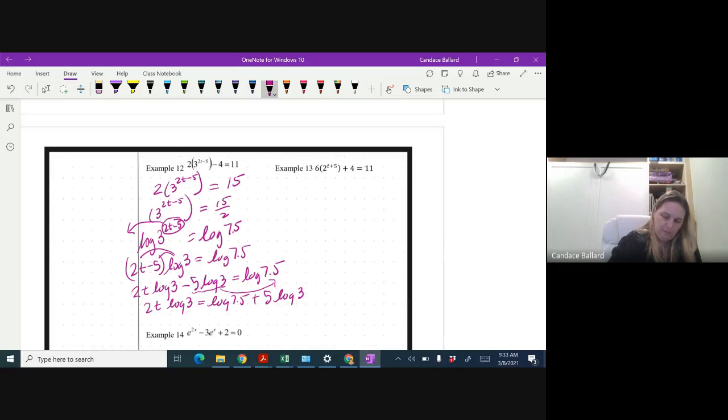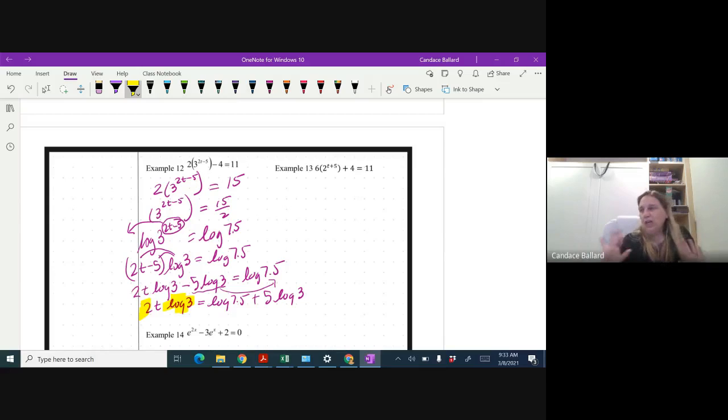Plus 5 log 3. Making sure, oh good, I wrote all over the desk. Log 7.5 plus... I'm trying to write it down so I know what to put in my calculator. All right, now 2 and log 3 are just numbers.